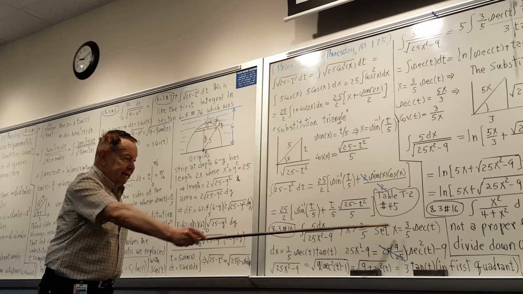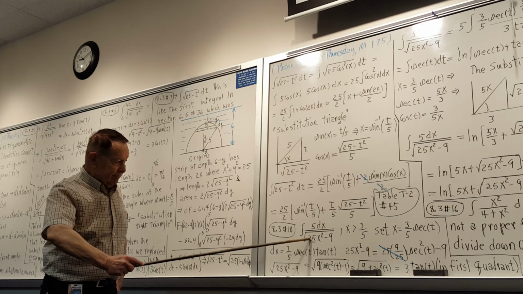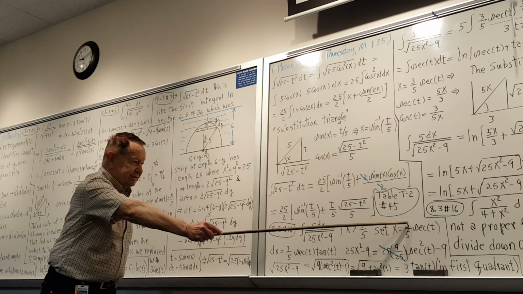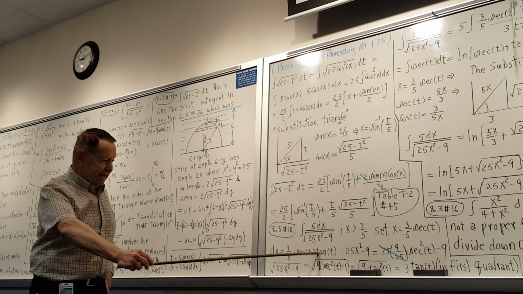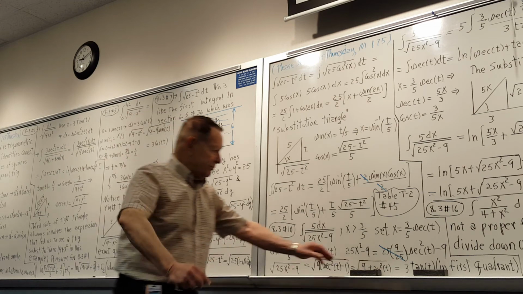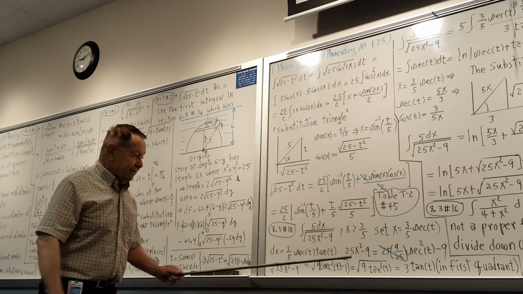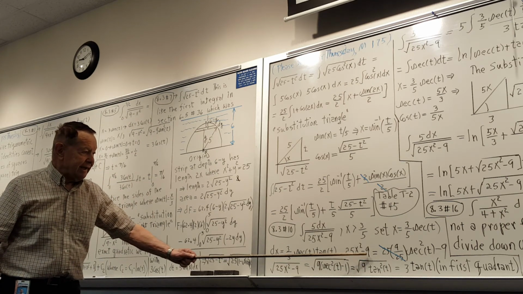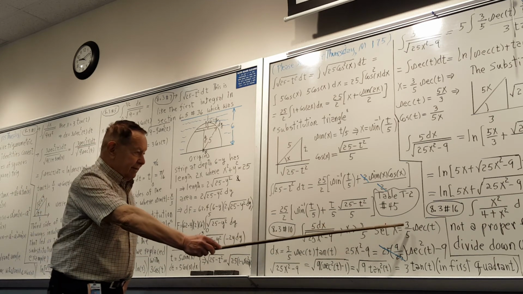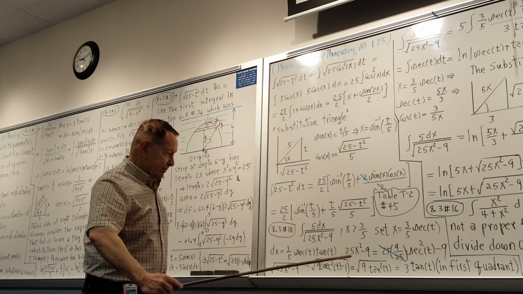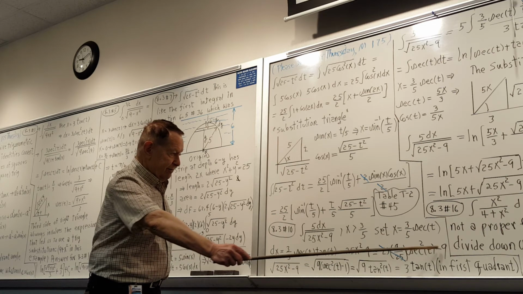So let x be whatever would be your square root of this number over that one, which in this case is 3/5 secant. And then your dx is 3/5 secant tangent. And then you see if you have done that, your 25x squared minus 9 is 25 times the x squared, and x is 3/5 secant, so the x squared is 9/25 secant squared minus 9.